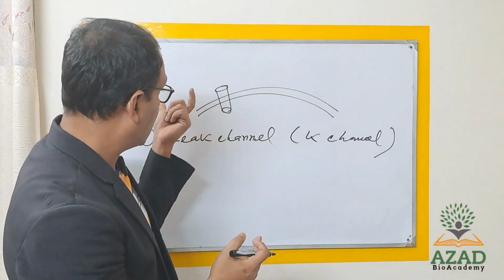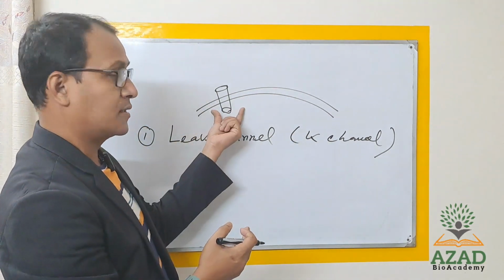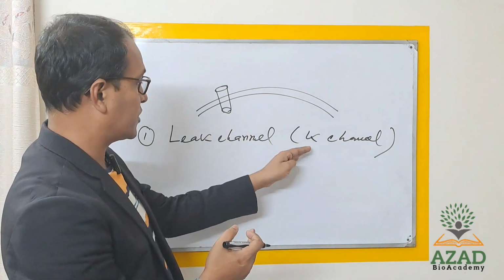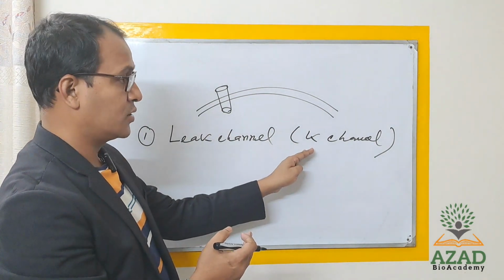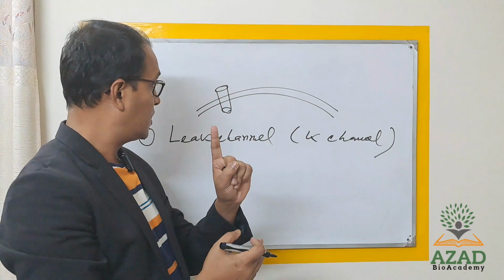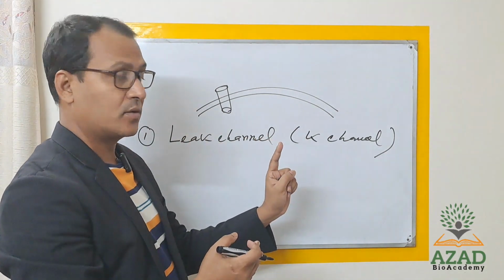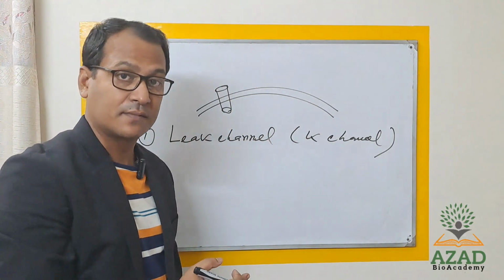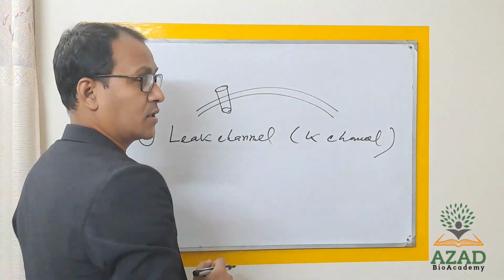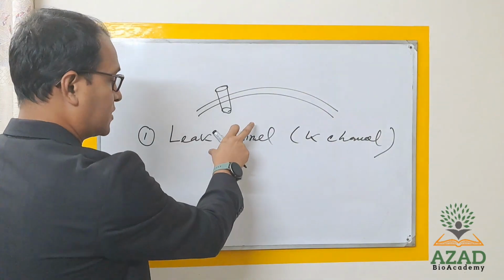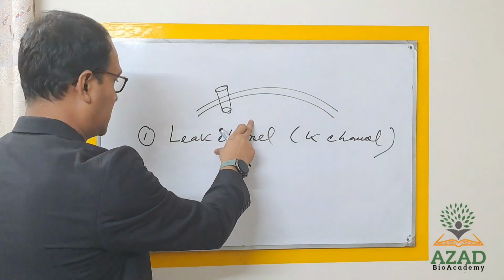So through the leak channel, basically potassium exits. One of the major ion channels on the surface of the membrane of the nerve cell is the potassium channel, which can be considered a leak channel.